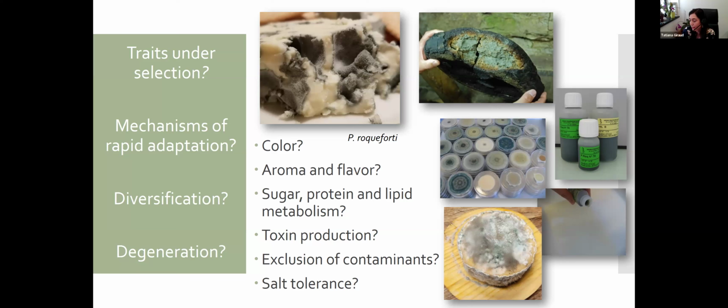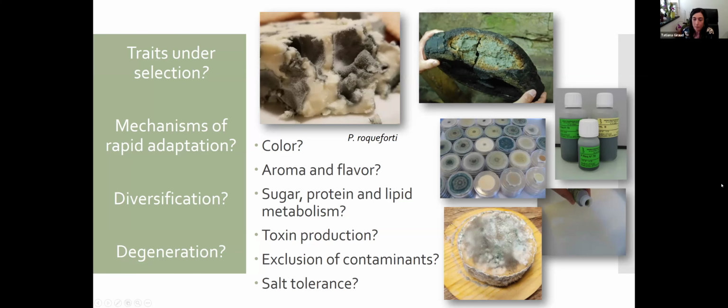So maybe we selected a strain that was not producing toxin, or maybe producing more toxin, because the toxins are actually like antibiotics to compete against other microorganisms, and maybe that could avoid some spoiler, unwanted mold from outside.